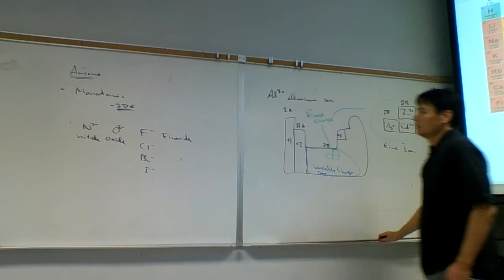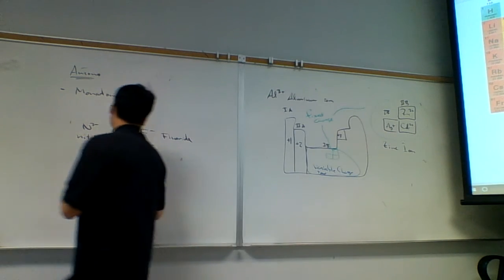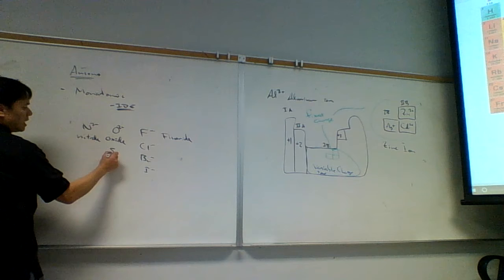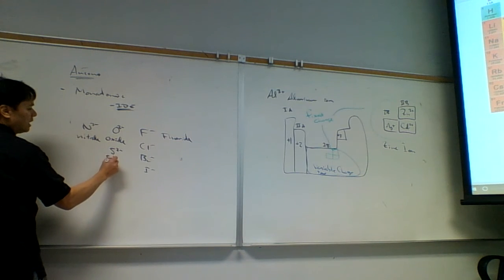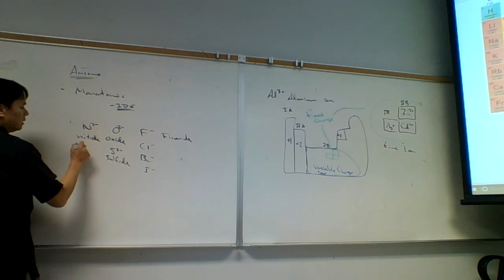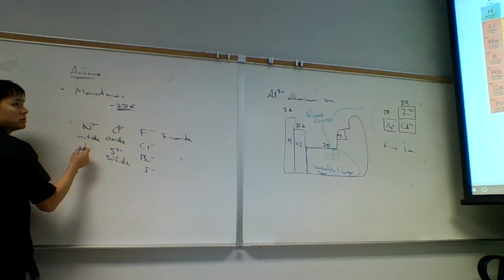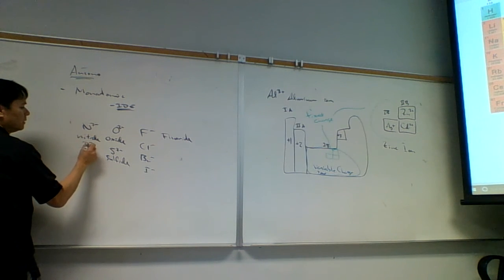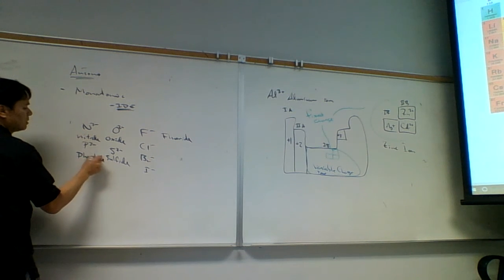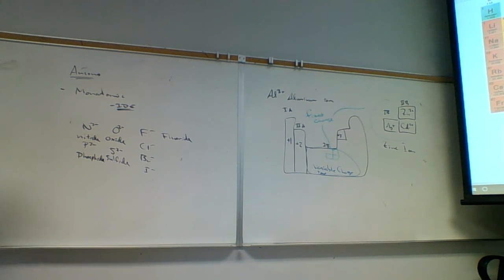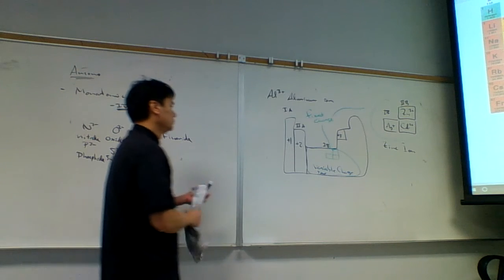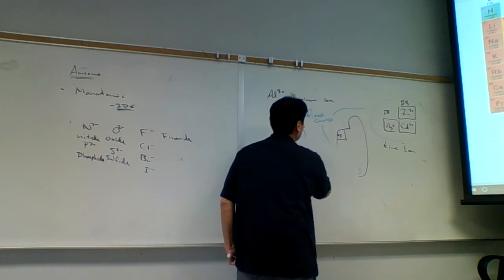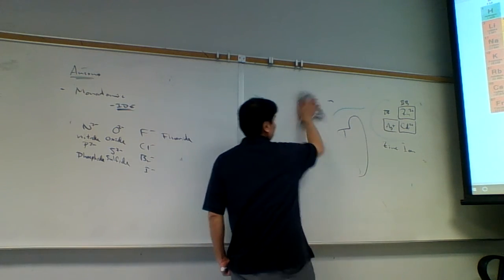So we can carry this down. So oxide is that, S2 minus would be sulfide. Below nitrogen is P3 minus, phosphide. And so these are the monatomic that end in IDE. In fact, all the monatomics end in IDE.